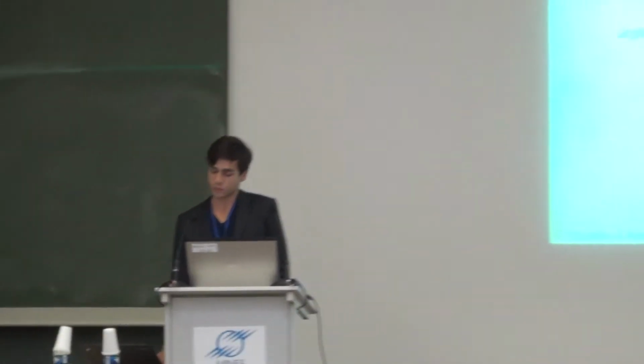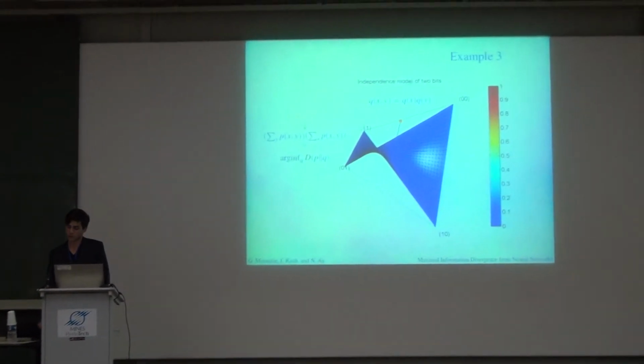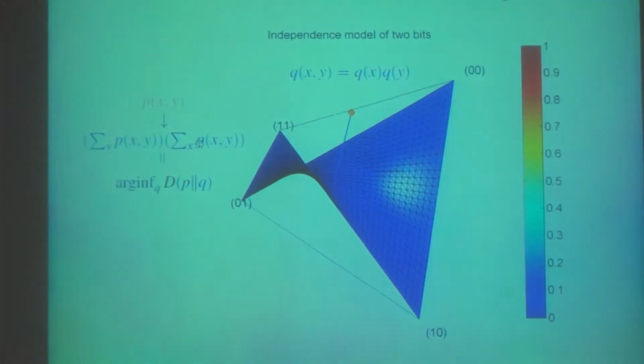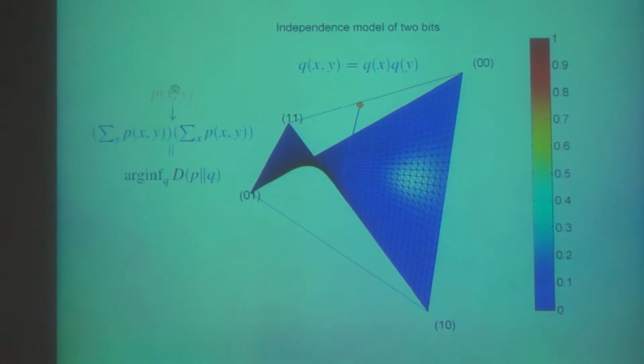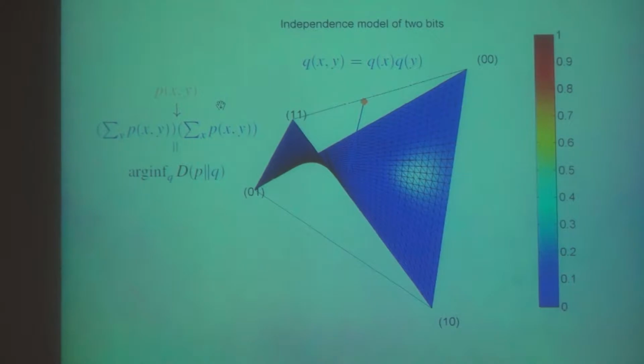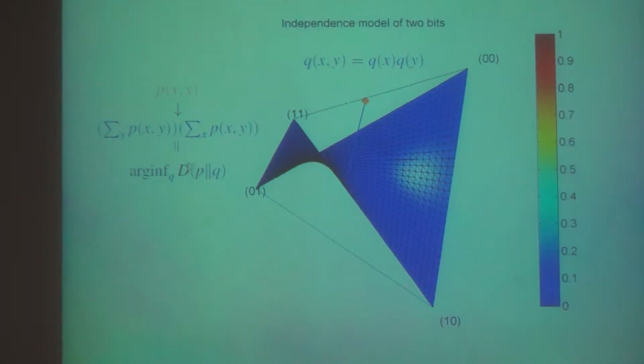And now if I take some point in the probability simplex and look at the set of product probability distributions, the distributions which factorize like that, and ask for the distribution that is closest to that given target, I find a point that is given by this formula.